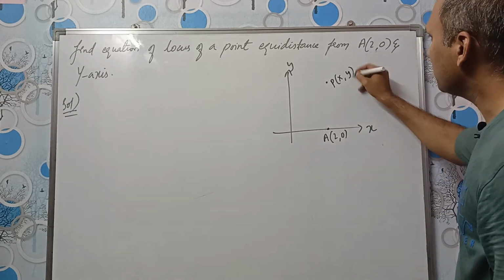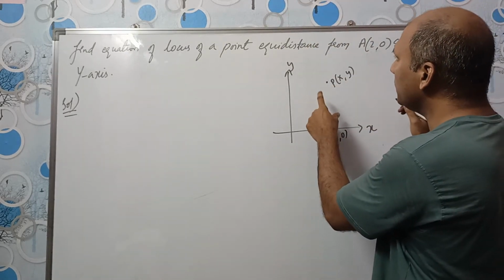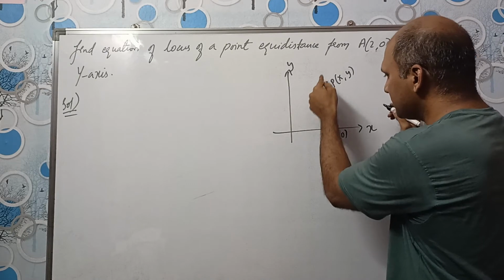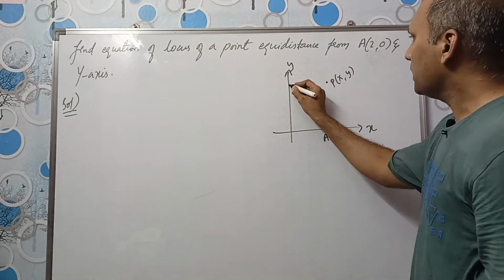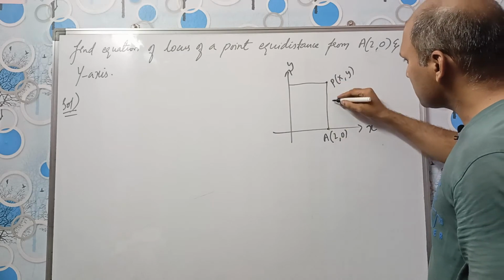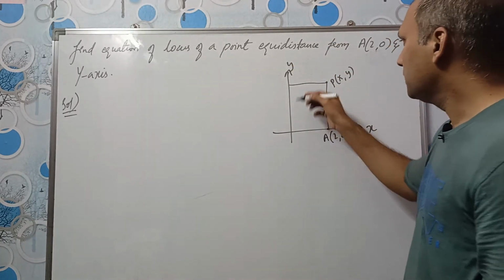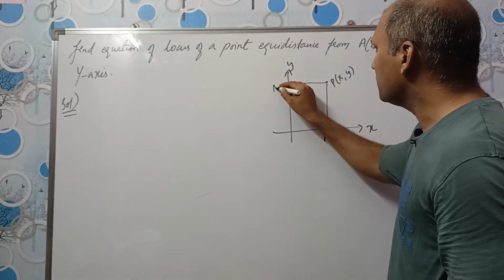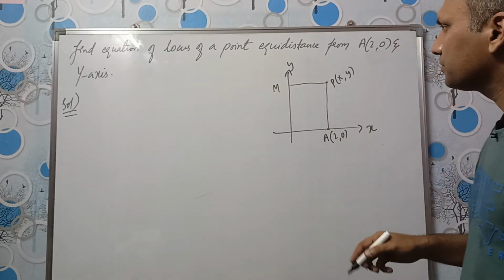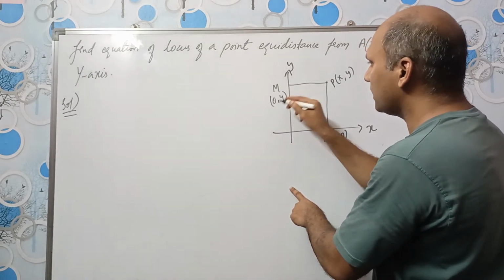Let the point be (x, y), and this point is at equal distance from the y-axis and from point A. Like this, if this distance is 5 units, this distance is also 5 units, for example. This is P, let this point be some M, and we know a point which lies on the y-axis will be like (0, y).